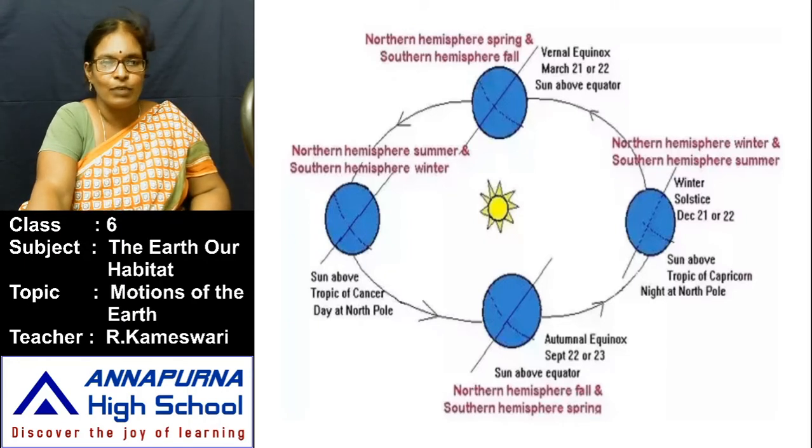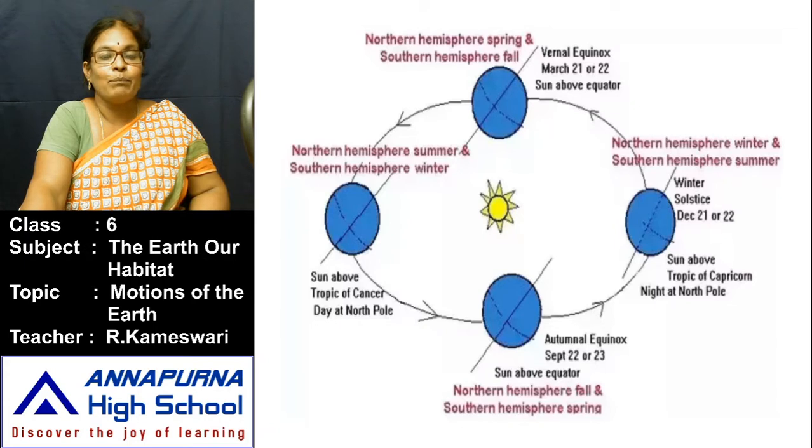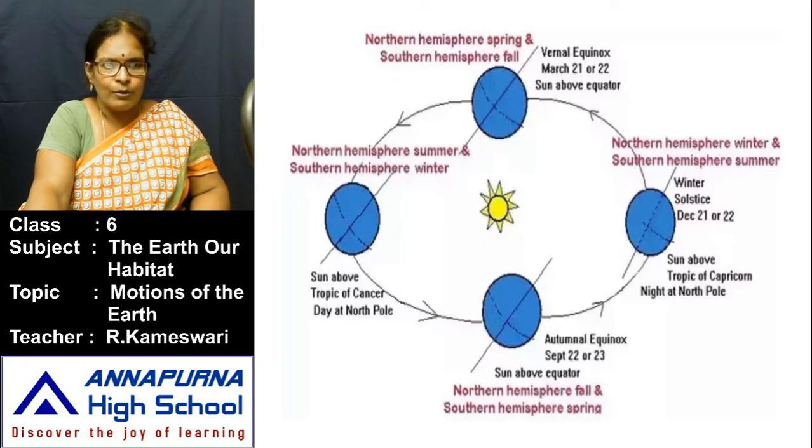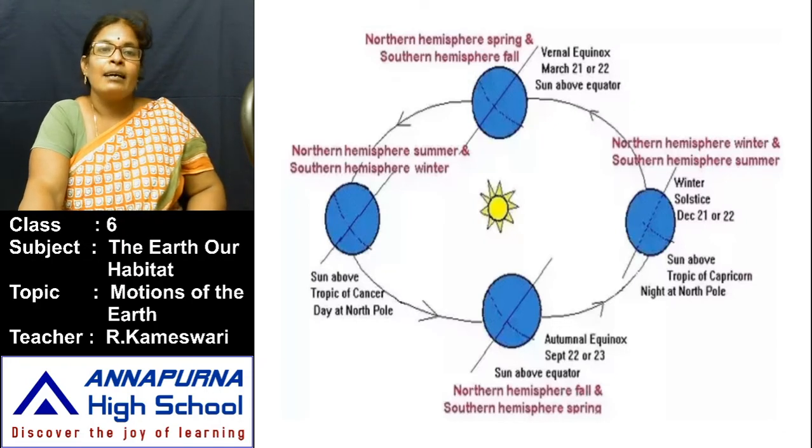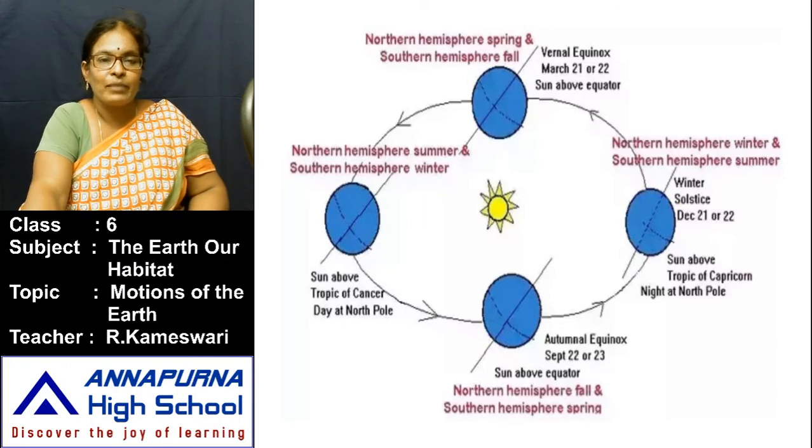Observe this carefully. This is the shape of the orbit. The earth revolves around the sun in one orbit. What is the name of that orbit? It is the elliptical orbit. Why? The shape of this orbit is elliptical. The earth revolves around the sun.